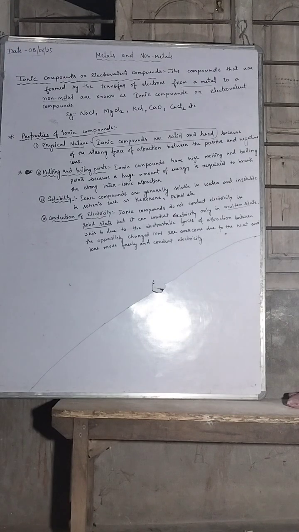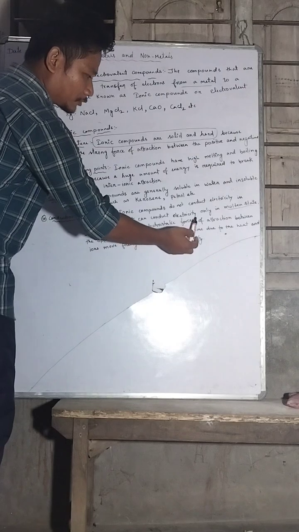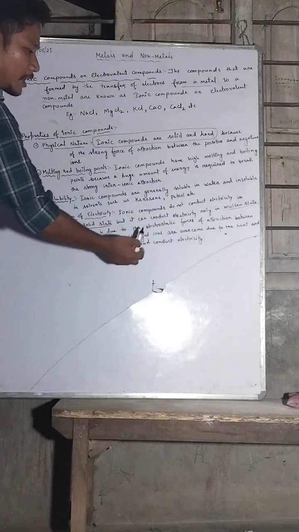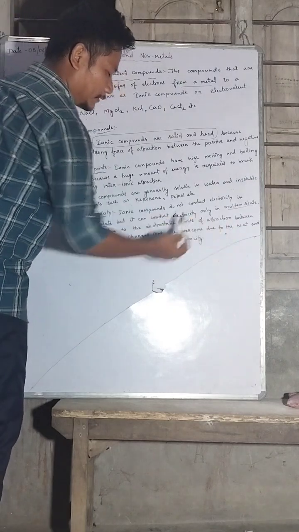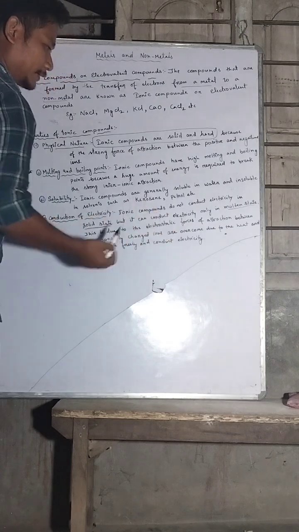Sometimes it also asks why ionic compounds conduct electricity in the molten state. The reason is given here. This is because the electrostatic forces of attraction between the oppositely charged ions are overcome by heat, and the ions move freely and conduct electricity.